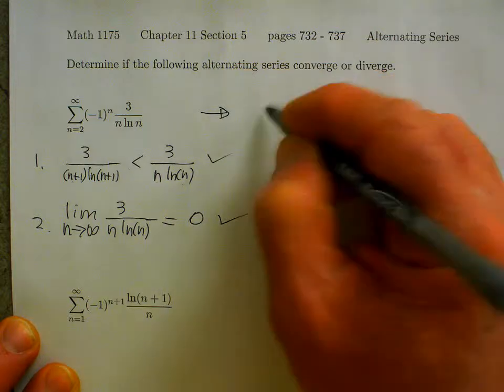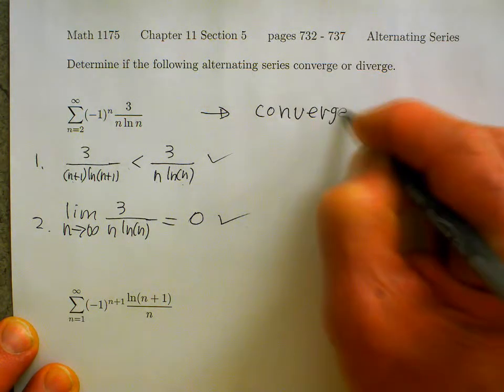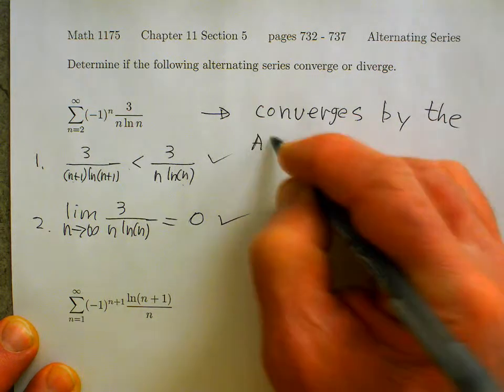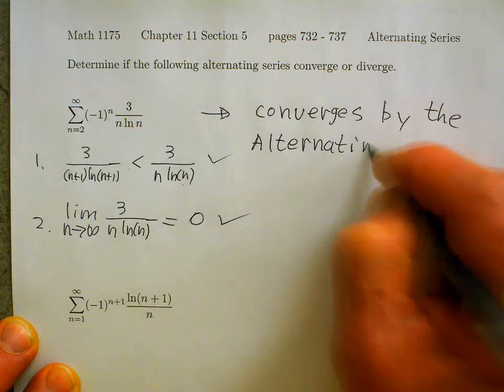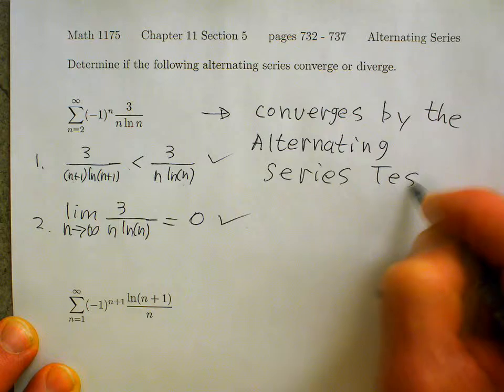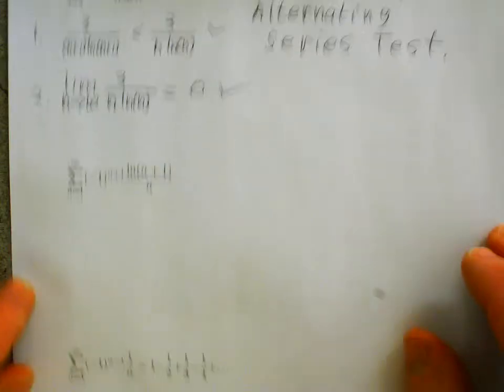So we conclude that this series converges by the alternating series test. Okay, that was pretty easy. Let's try the next one.